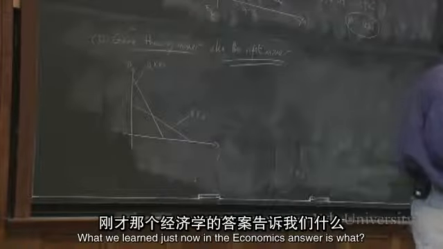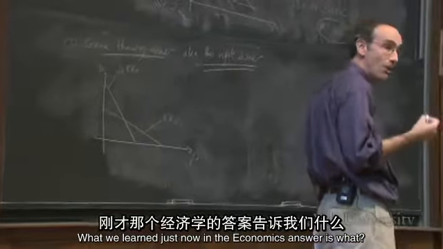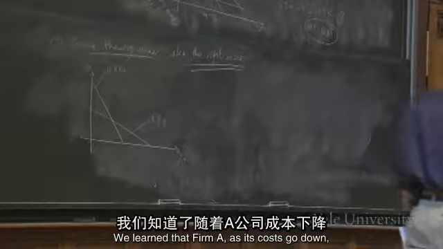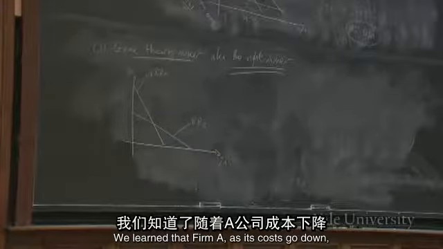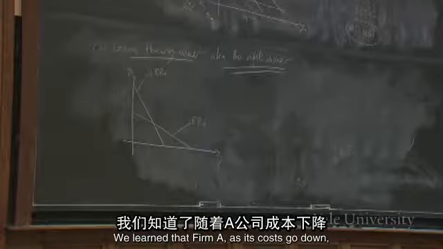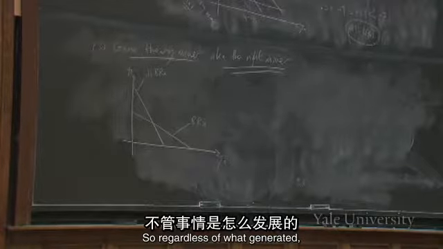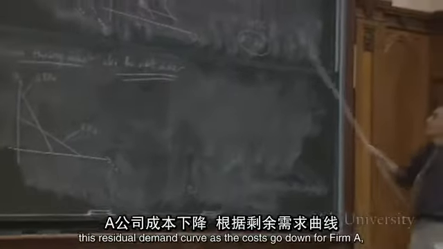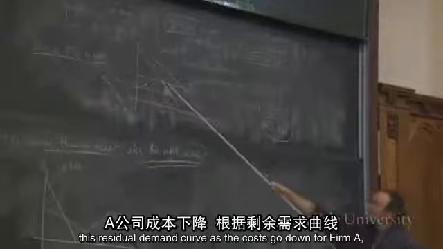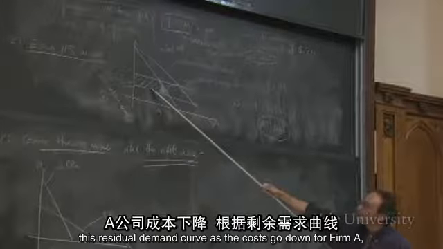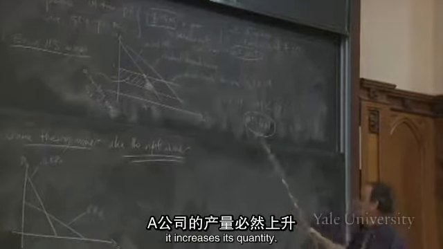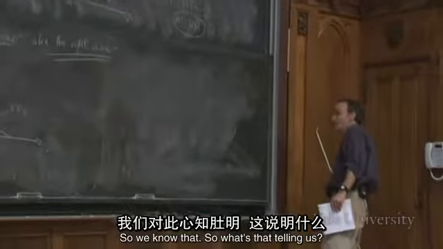And what we learned just now in the economics answer is what? We learned that firm A, as its costs go down, will produce more for each possible quantity that firm B produces. So regardless of what generated this residual demand curve, as the costs go down for firm A, it increases its quantity. Right?